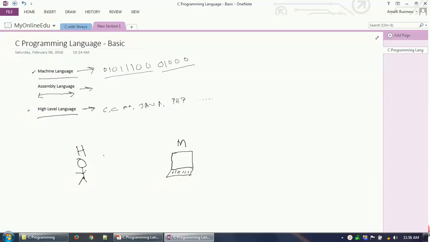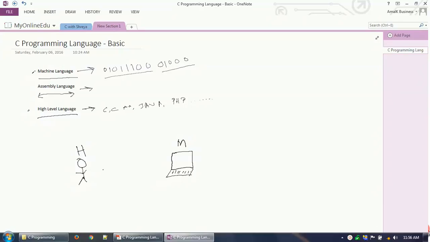So as you can imagine, there is a disconnect between these two, right? We human beings write programs in high level language, and the computer only understands machine language. It doesn't understand what a high level language is. So there is a gap, right?